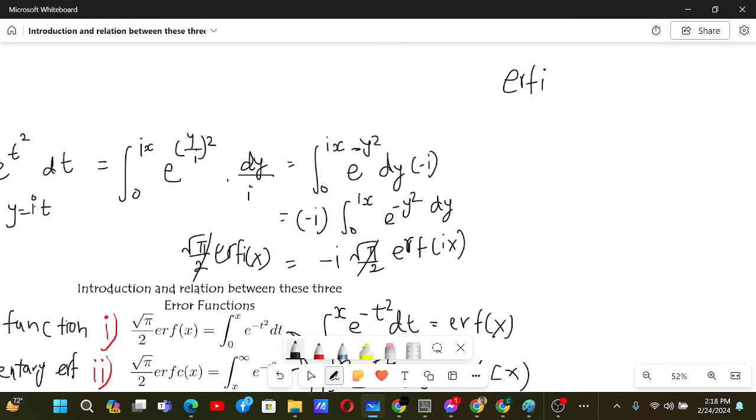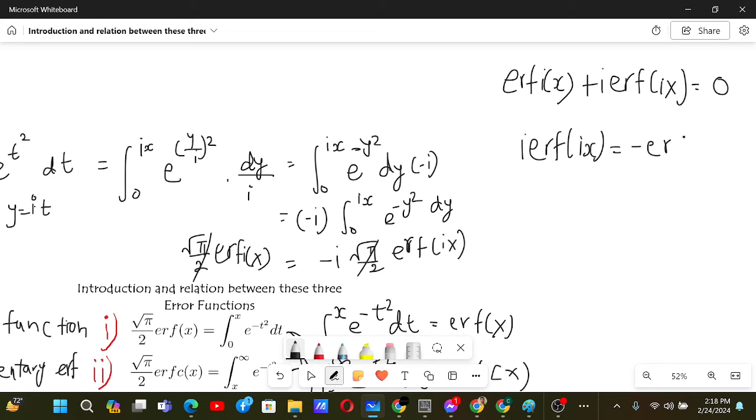erf of x plus i erf of ix is equal to 0, and that means we can write this as i erf of ix is equal to minus erf of x, and then take it to the other side.